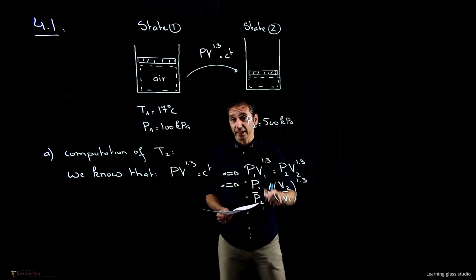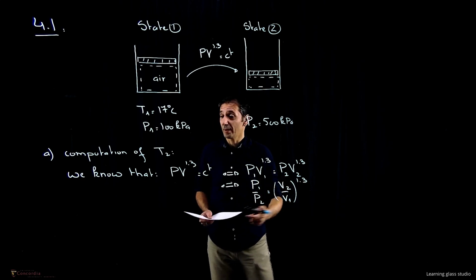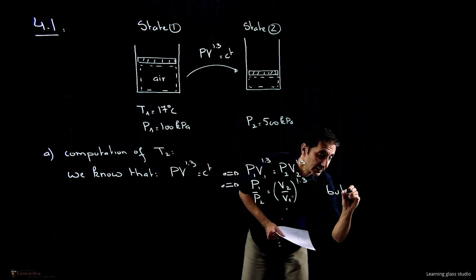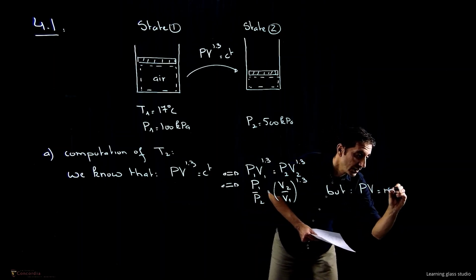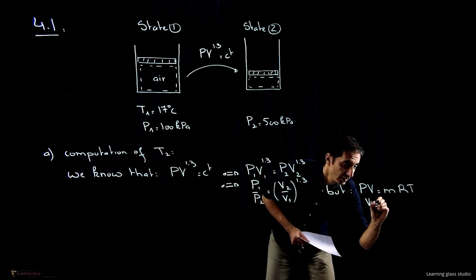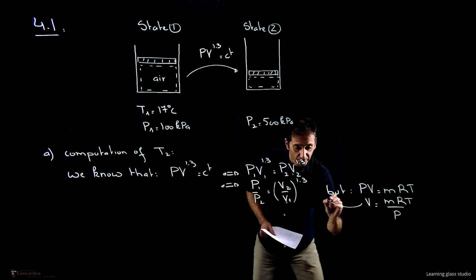So we can replace the volume with a function of temperature, because remember, we are looking for the temperature here. But PV = mRT. Therefore, the volume is equal to mRT over P, that we can replace here.